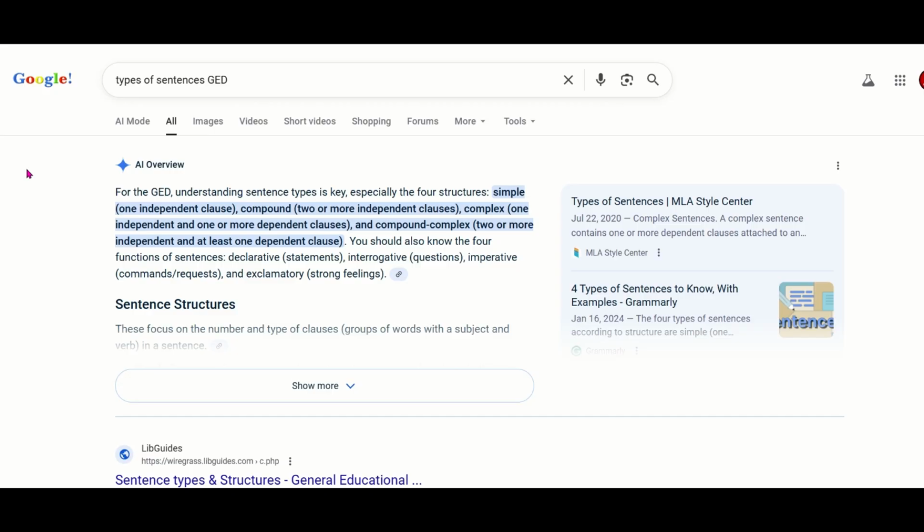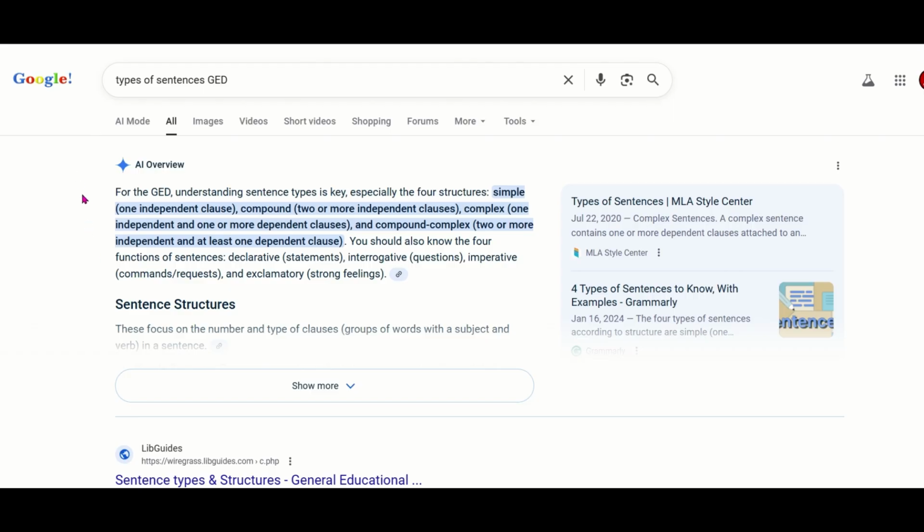And I always say, folks, please make sure you are using technology wisely to help you study for the exam. So as you can see, I came back up, I pulled up Google, and I'm searching types of sentences, GED. Make sure you add GED to the end of your searches, folks, because this will help narrow down the response that it gives you in order for it to give you information you need to know.